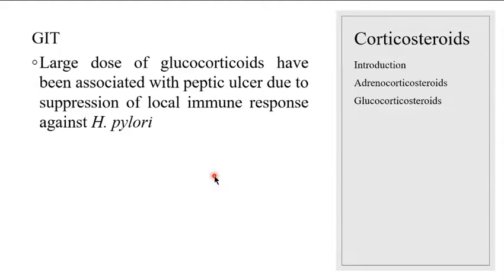Not only that, corticosteroids can also produce peptic ulcers. This is because of their ability to suppress the local immune reaction against the bacteria H. pylori. So patients or people who already have peptic ulcer or who are prone to peptic ulcer should avoid corticosteroids.